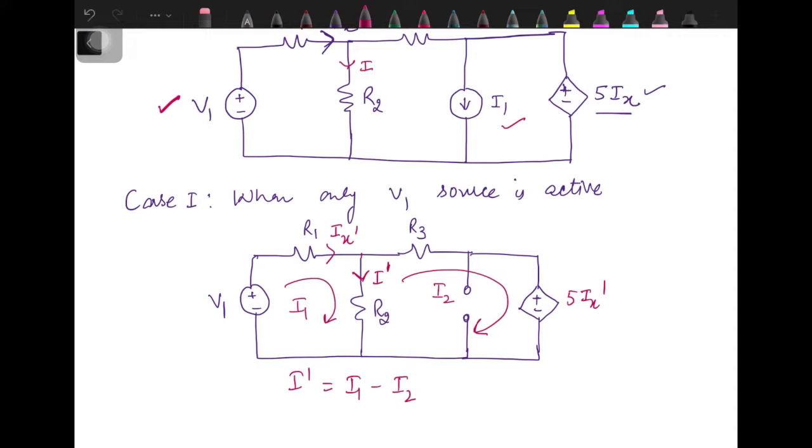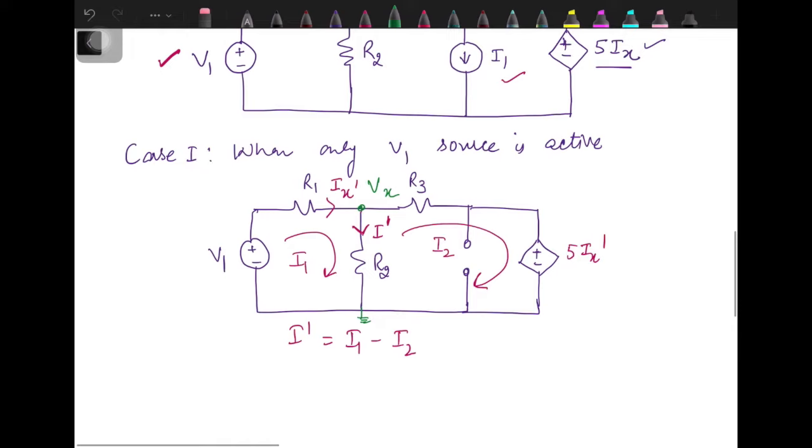And if we go with nodal analysis, then we have two nodes. Out of them, one has to be reference. Second is where we will assign some voltage, let's say Vx. Then we have to write just one equation. We will find out the value of Vx, and in addition to that, we need to write this Ix dash in terms of Vx.